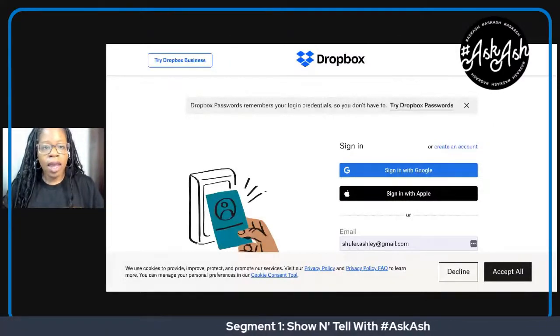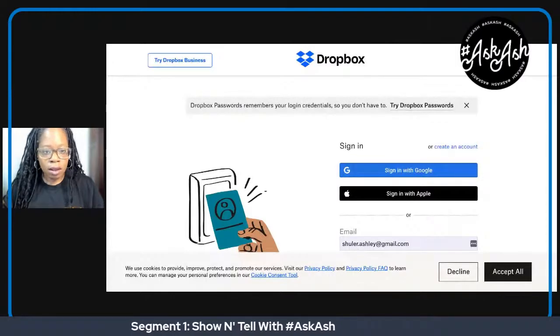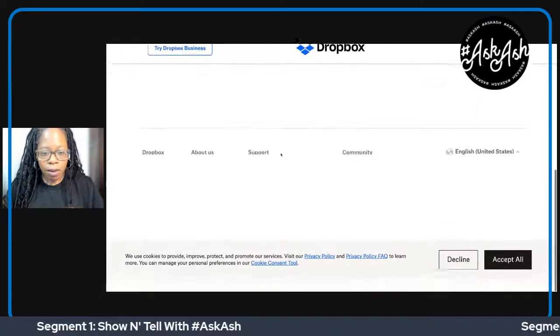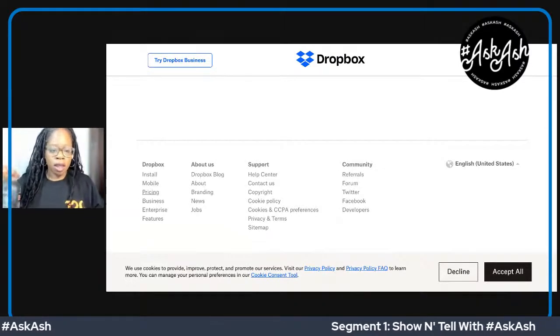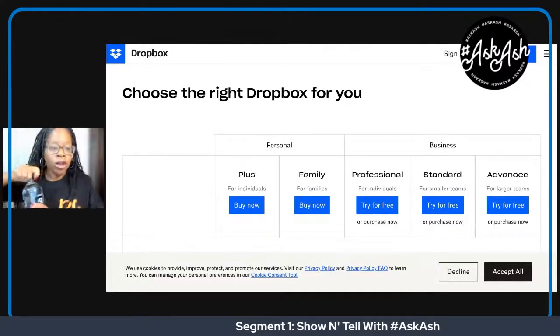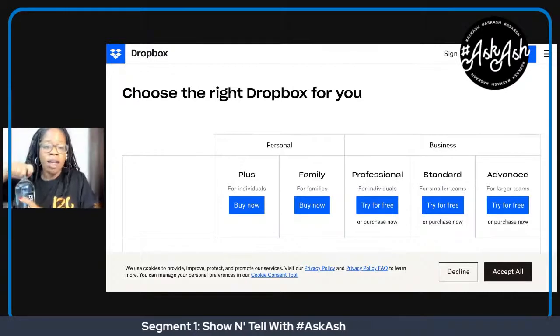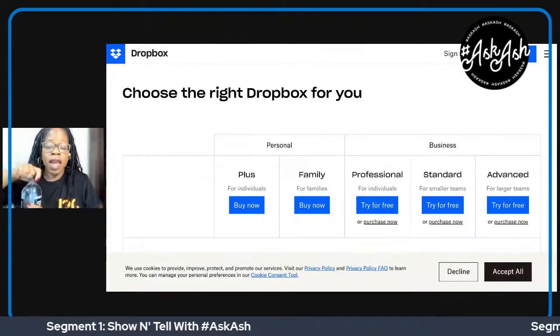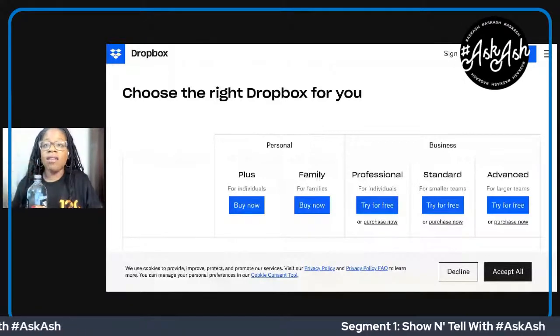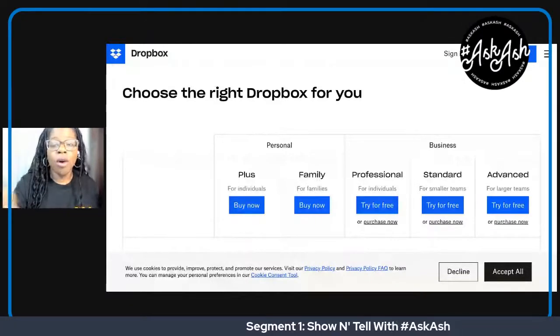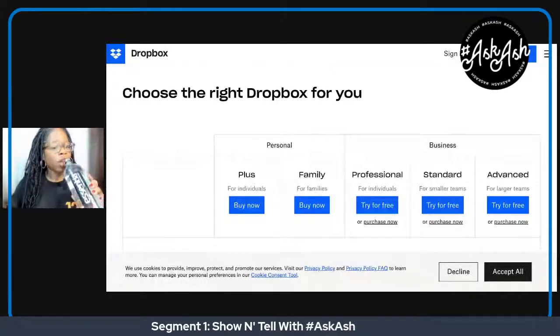Let me go ahead and click on the pricing for you all so you guys can see that. Okay, pricing. So here's what they have here. They have plus, they have family, and then they have the business, the professional, the standard, and then the advanced. So those are the things that they have here.